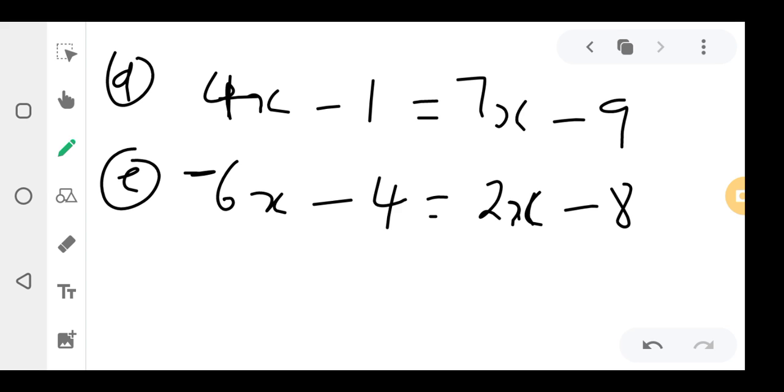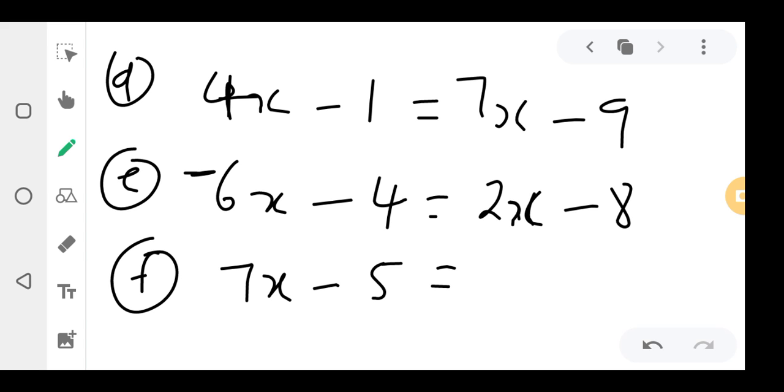Okay. F, which is the last one, 7x minus 5 is equal to 3x minus 9. Okay. Actually negative 7 there, so try that.